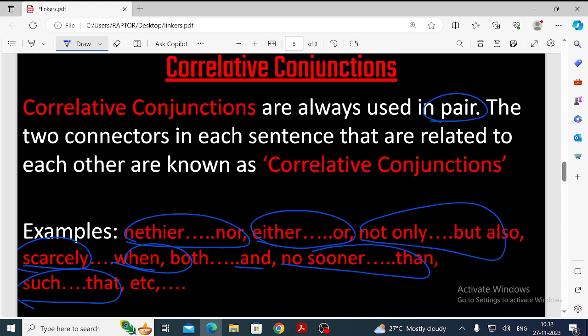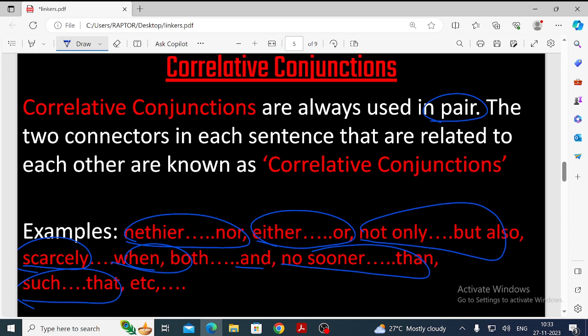So coordinate conjunction means it will connect two independent sentences, my dear. Subordinate conjunction, what it will do, it will change an independent sentence into a dependent sentence.